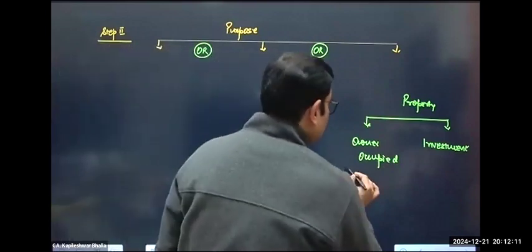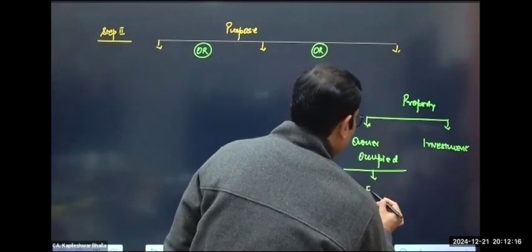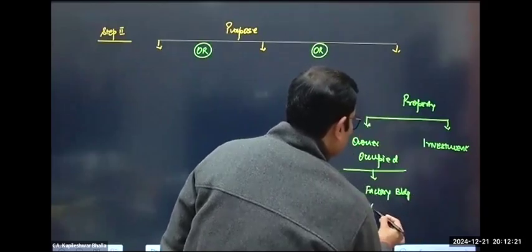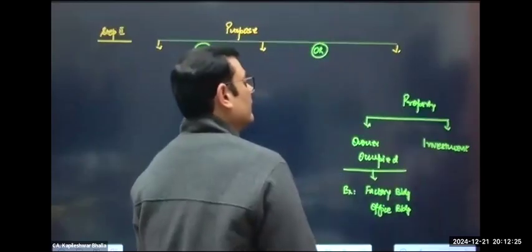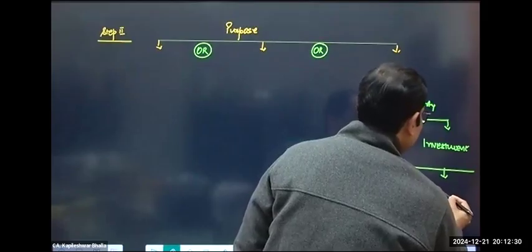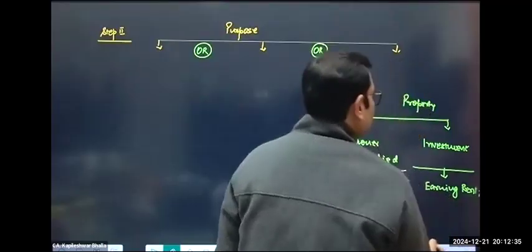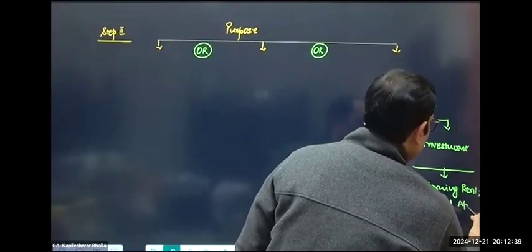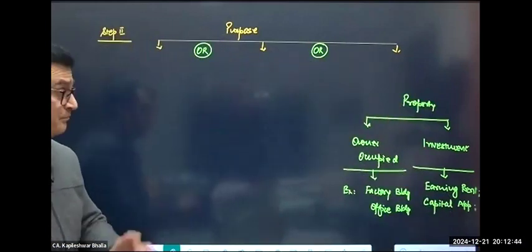Just to be very clear, examples of owner occupied property could be a factory building or an office building. Investment property is something held for the purpose of earning rental income, or for capital appreciation. You invest in a building with the objective of earning rent or capital appreciation.